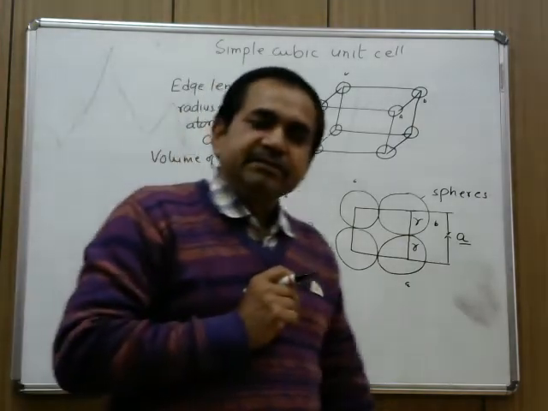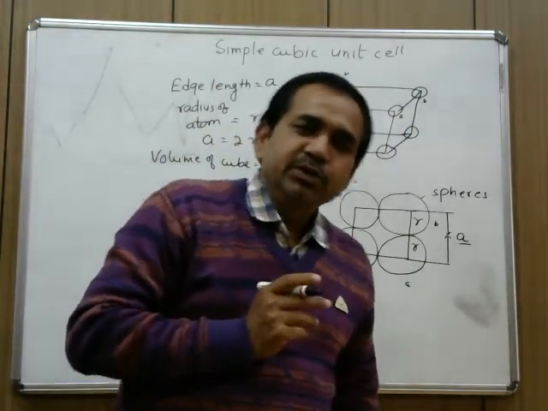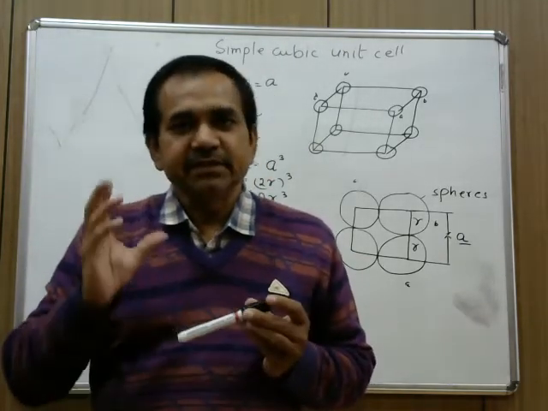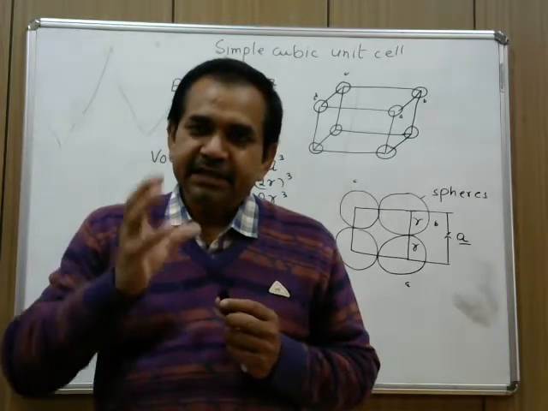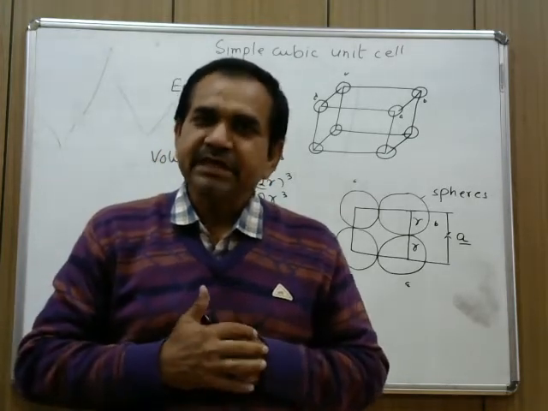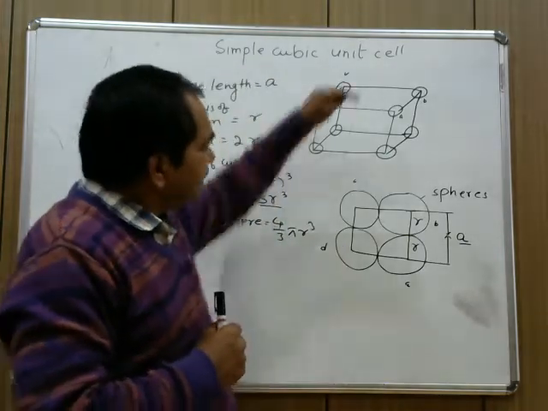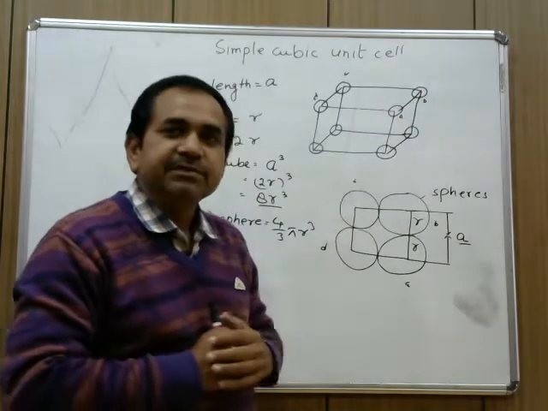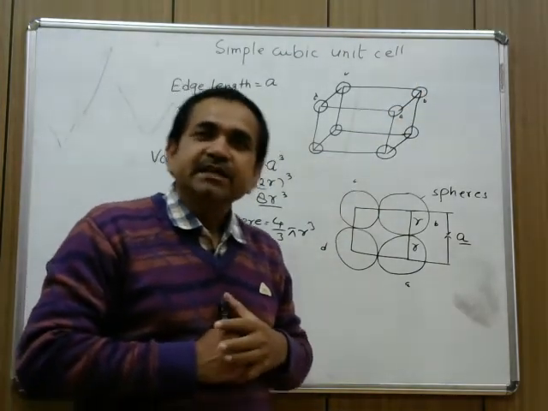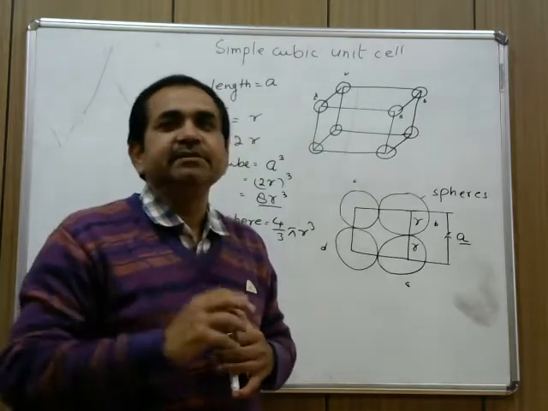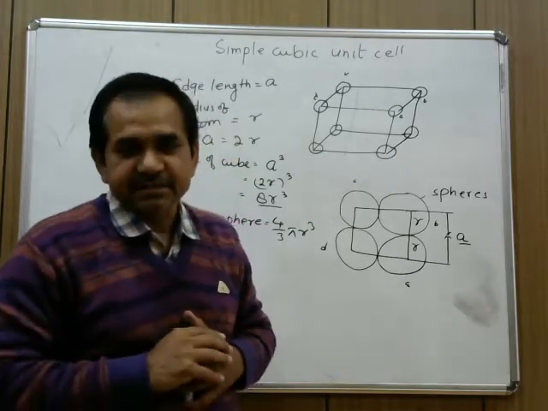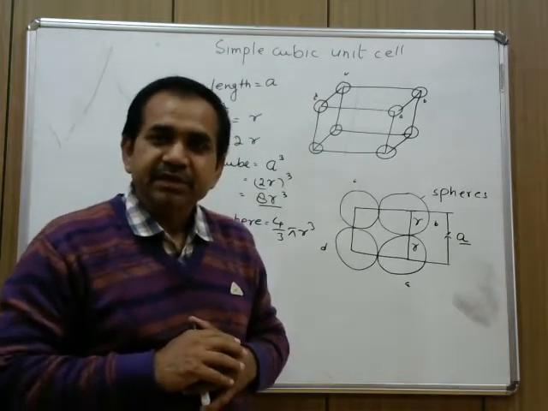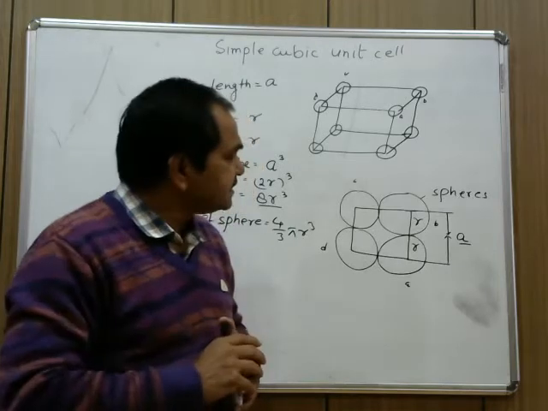And if you recall, I told you that the total number of spheres present in a simple cubic unit cell is 1. Anyone remembers how it was calculated? These particles present at the corners of the unit cell are each shared by 8 different unit cells.